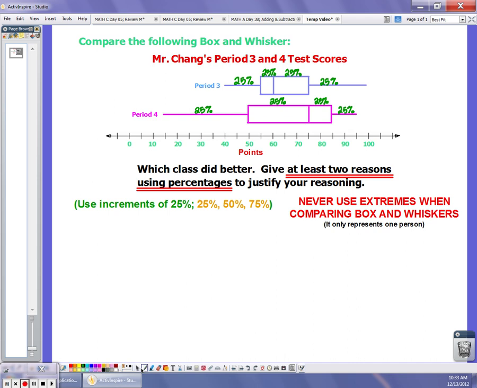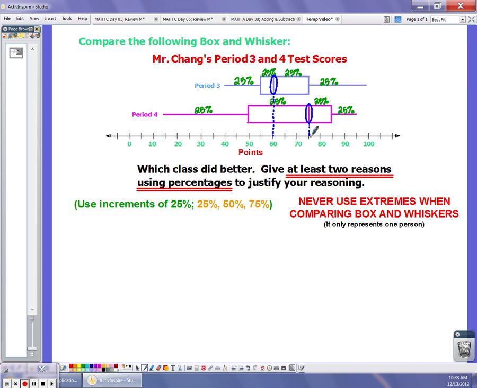When I compare them, I'm going to look for a couple of things. The first thing I'm going to do is compare my medians. What we see here is that our median in period 3 looks like it's right around 60, whereas in period 4, our median looks like it's right around 75.